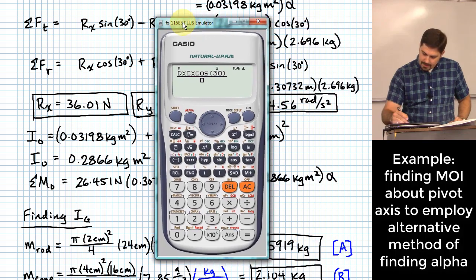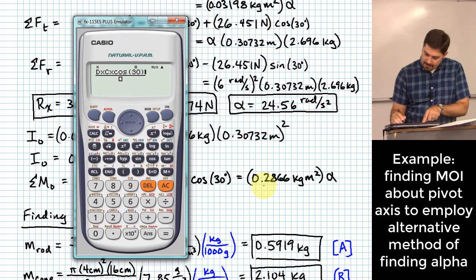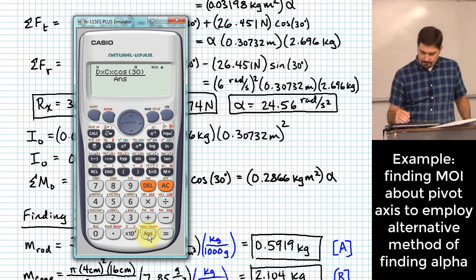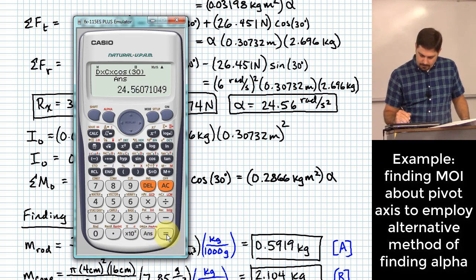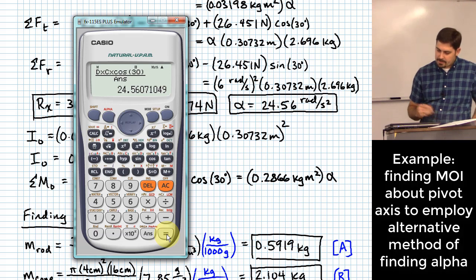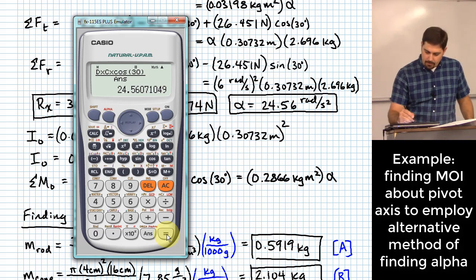Okay, to get alpha, I'll divide by this 0.2866, which I believe was my previous answer. And that gives me 24.56, just like I had before.